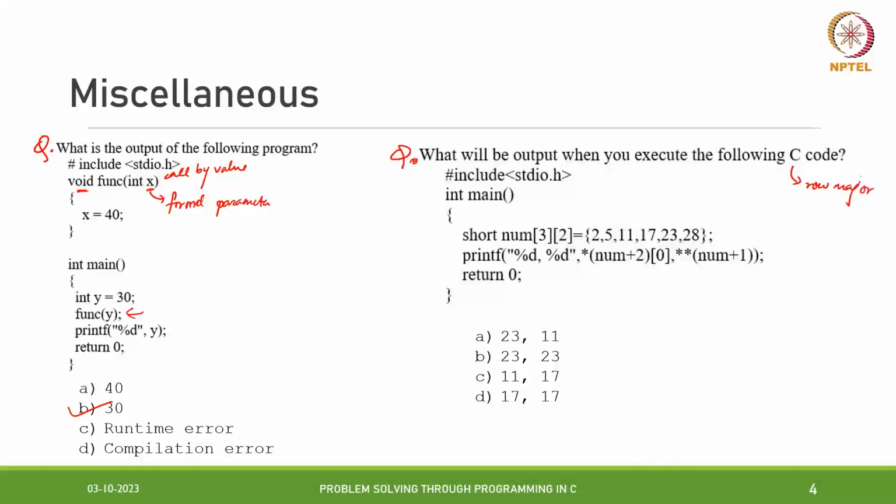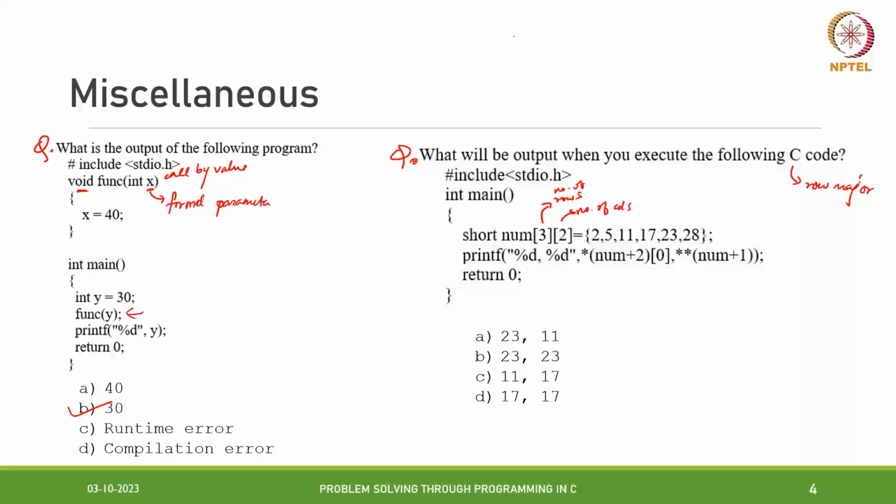So you have to remember that C uses a row major format for storing 2D arrays. Okay, we'll see what the result is here. If you declare the 2D array like this, here it has 3 rows, right? This is the number of rows, and this is the number of columns.